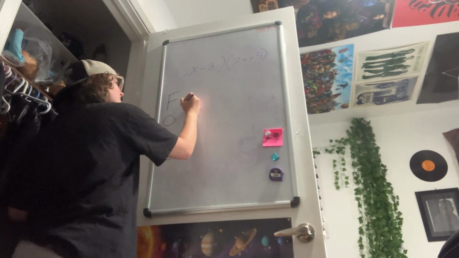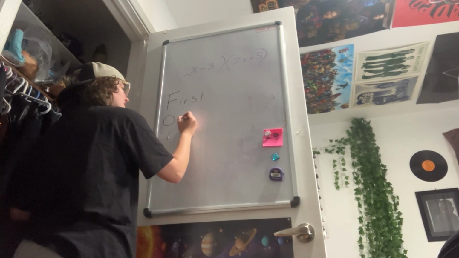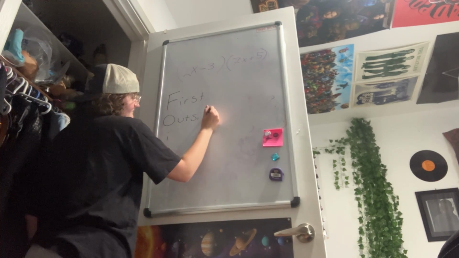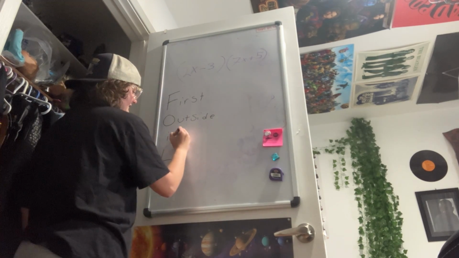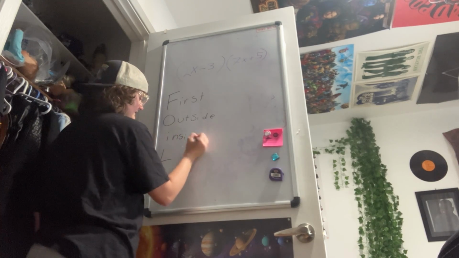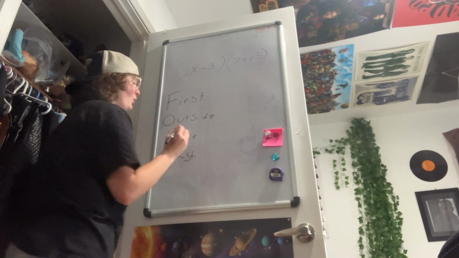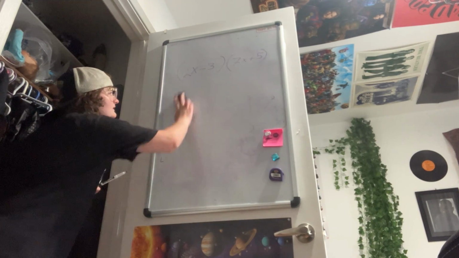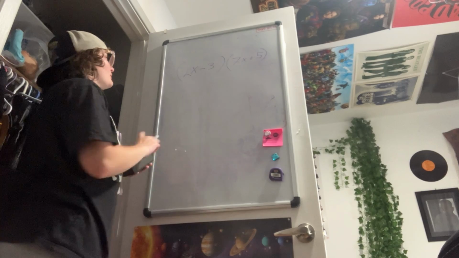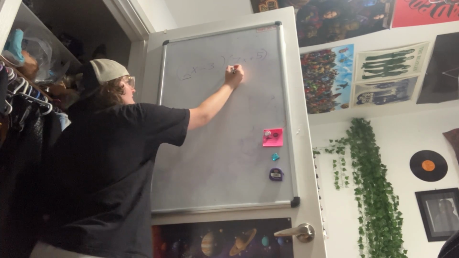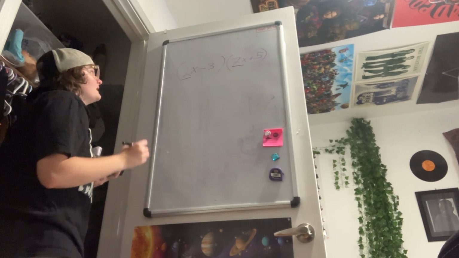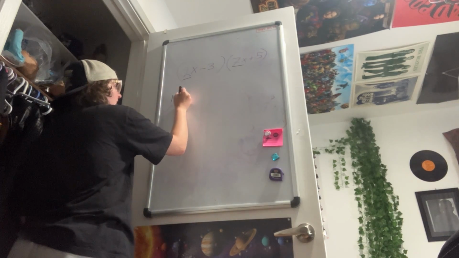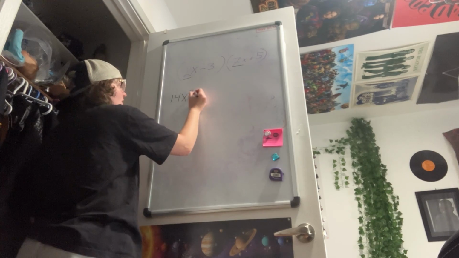F stands for first. O stands for outside. That's not how you spell outside. I stands for inside. And L stands for last. What I mean by that is, to FOIL this out, we're going to take our first two terms and multiply them. 2x times 7x, well, 2 times 7 is 14, and x times x is x squared.